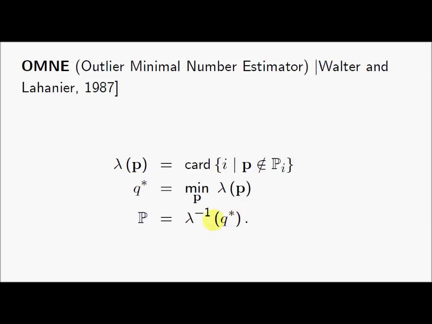So it corresponds to the inverse by lambda of the integer number q star. It is the Omne estimator. The main problem with Omne is to compute it. In Lanier and Walter, they use a Monte Carlo technique, and a guaranteed Omne has been proposed using interval methods.